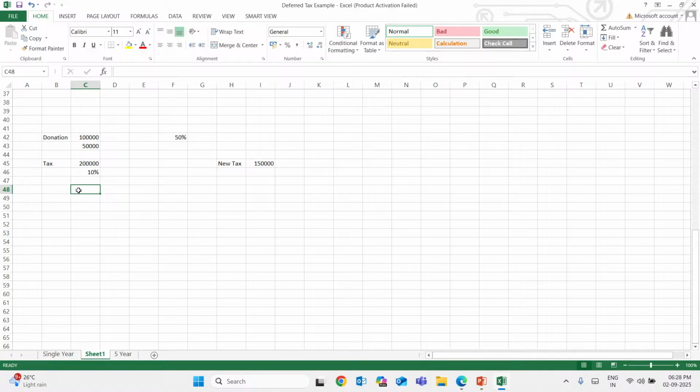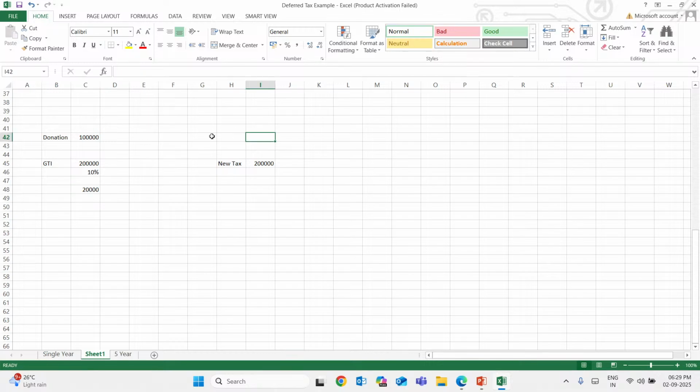Then that means the donation, that the deductible amount out of tax or any amount from the GTI which we are gonna actually deduct is this much, 20,000. We are only allowed to deduct 20,000 out of it, right? For example, we have a donation of 1 lakh, right, and we have to deduct it, but under this GTI we are only allowed to deduct it out of 10%, that is 20,000. So we are only allowed to deduct 20,000.